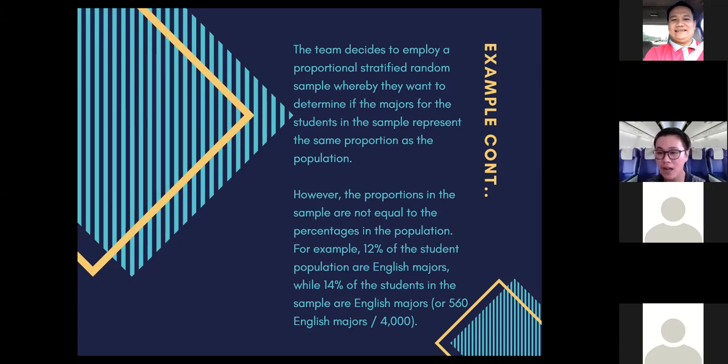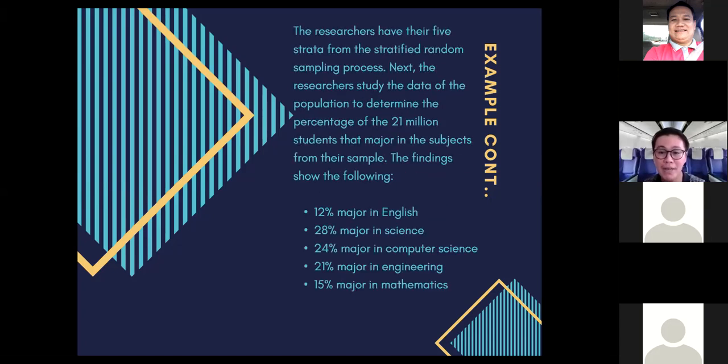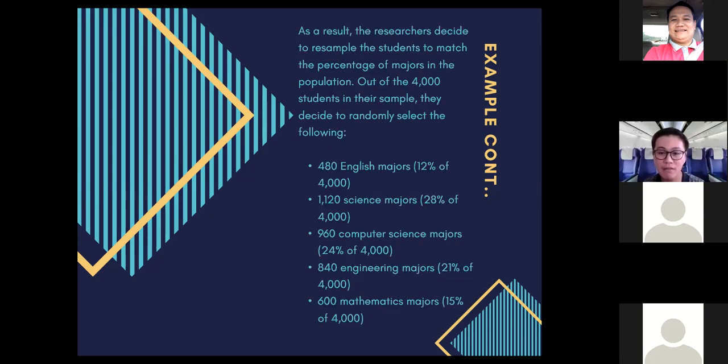So they did a resampling. The English majors were reduced to 12%, so from 560 English majors, it became 480. This is based on my understanding and computation.